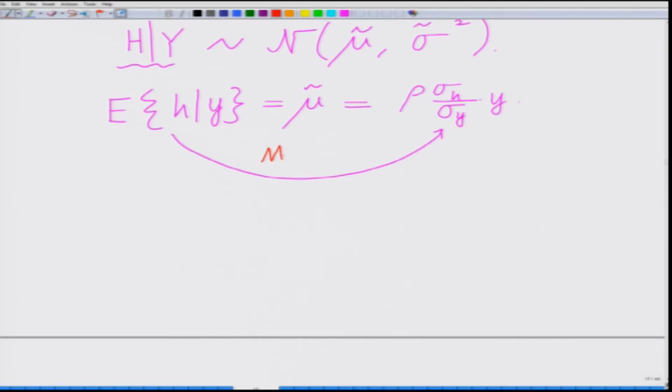So, let us also write that down clearly. It requires some manipulation, but the end result is very simple and clear.